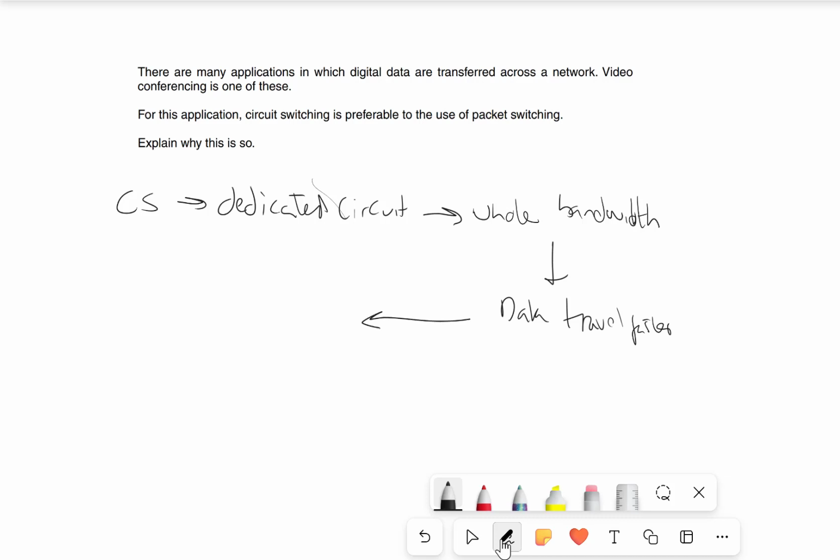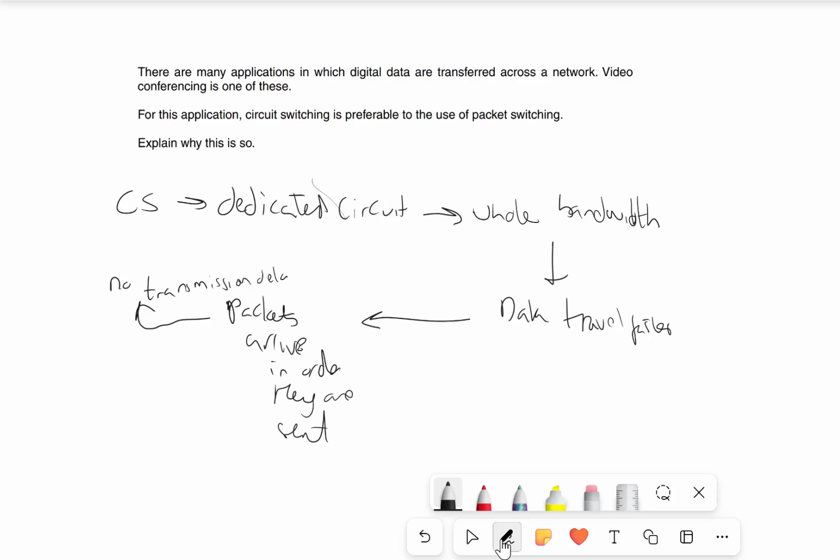Not only will they travel faster, the packets arrive in order. They are sent, which means no transmission delays.